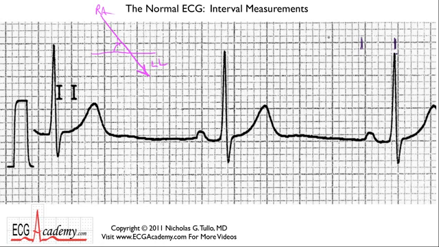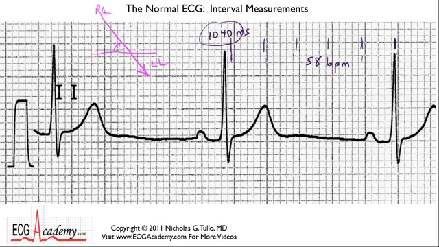So that's 200, 400, 600, 800, 1,000, another 40 milliseconds. So that's 1,040 milliseconds. If you needed to count rate, that would be 300, 150, 100, 75, 60, a little below that, so that's 58 beats per minute. That's a number that we've seen before, isn't it? So 58 beats per minute, the R to R interval is 1040.